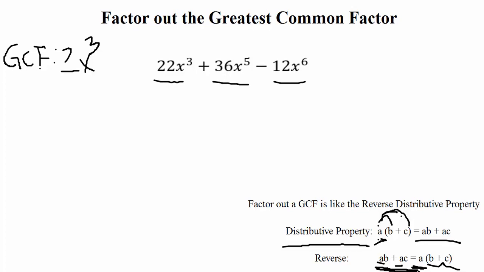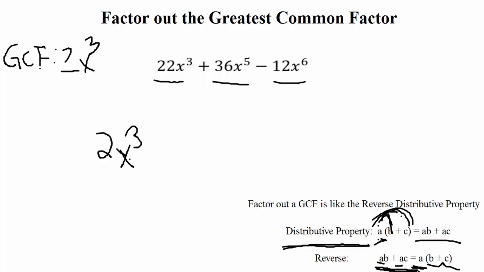And in order to pull that GCF out to the front, what do you think we do? If the distributive property tells us to multiply and we're doing the opposite, then going in reverse, we are dividing instead of multiplying.